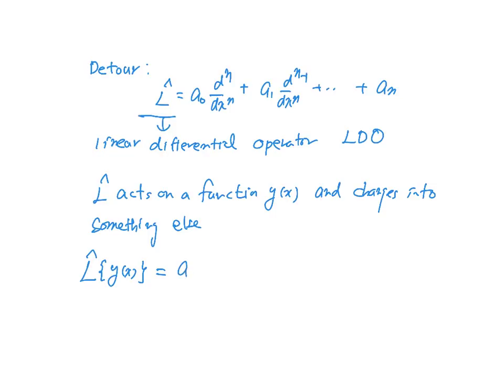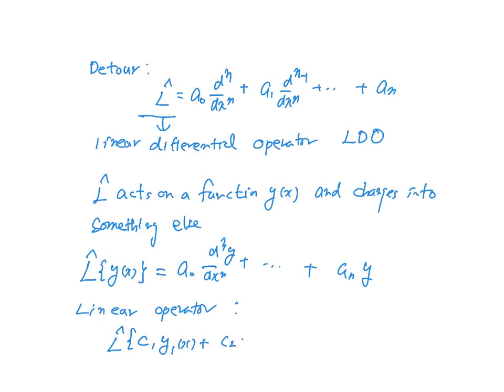So L is a0 d^n y/dx^n plus up to a_n y. This is a linear operator, which means L of C1 y1(x) plus C2 y2(x), where L is a0 d^n/dx^n plus up to a_n, operating on C1 y1 plus C2 y2.